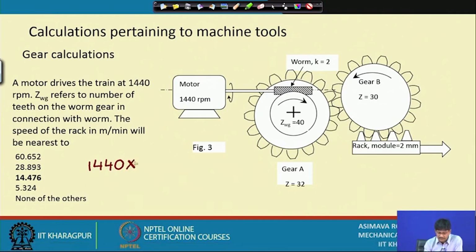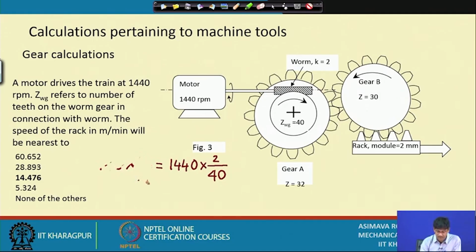So, speed ratio is already known, K by Z, which means this is nothing but 1440 multiplied by 2 divided by 40. Okay. So far so good.